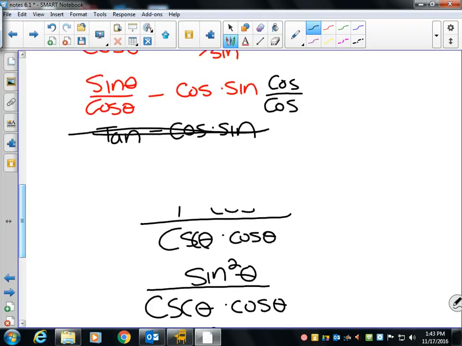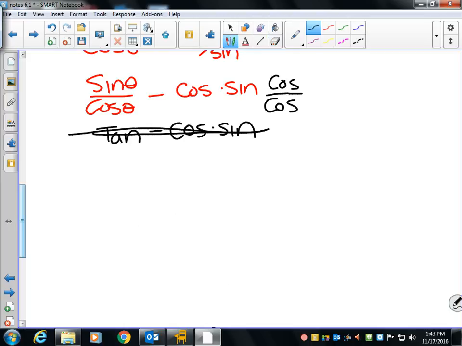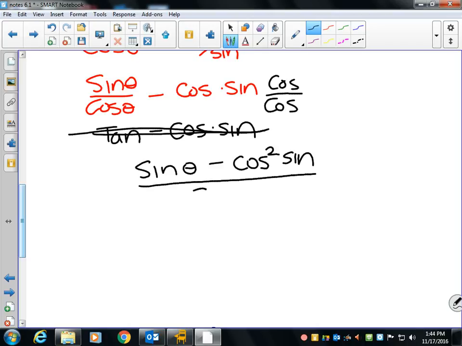So what does that get us? That gets us sine theta minus cos squared times sine over cos, does it not? Then I would factor a sine out, right? Because if you look here, here's one term and here's another term, right?